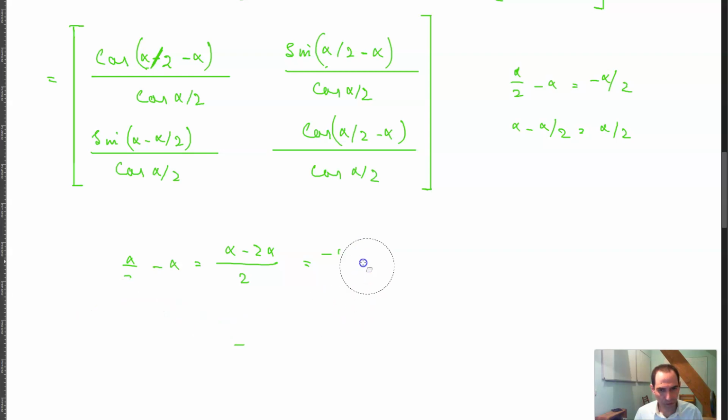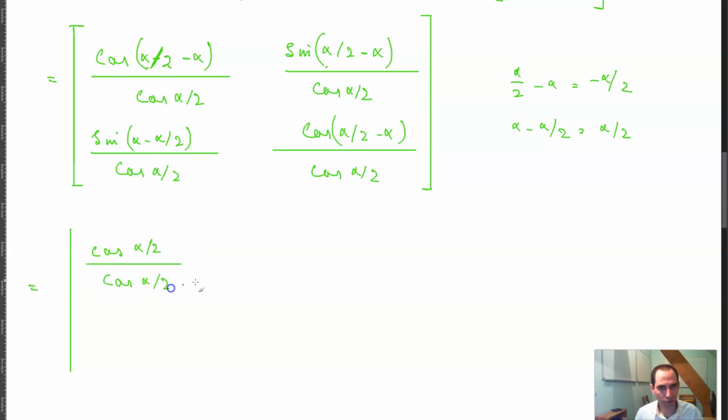And therefore, now over here we have cos of alpha by 2 minus alpha is cos of negative alpha by 2, which is equal to cos of alpha by 2. Cos of alpha by 2 divided by cos of alpha by 2.